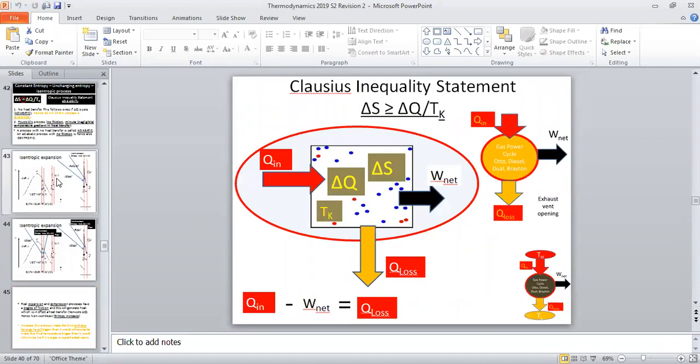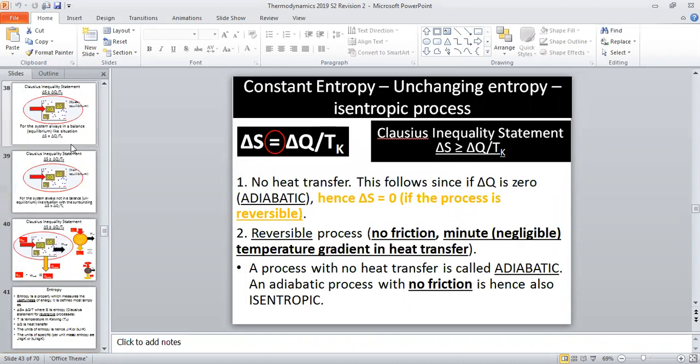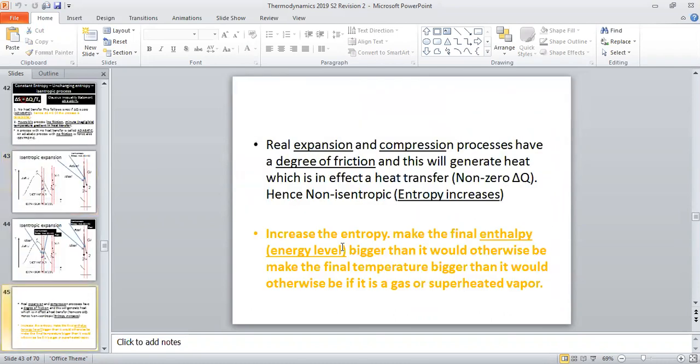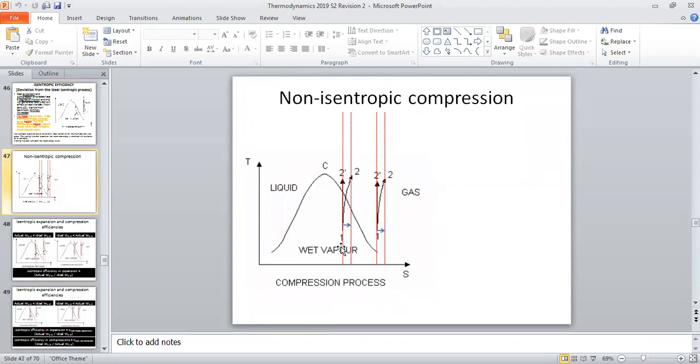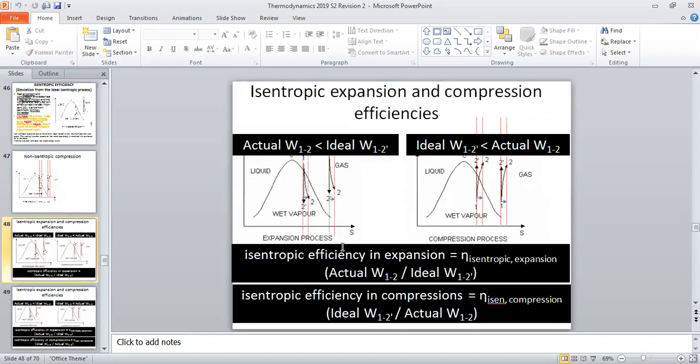Here you can see isentropic expansion. Well explained this one. And then even the isentropic efficiency, here isentropic compression. So comparison, and we develop the expressions for isentropic efficiencies for expansion and compression.